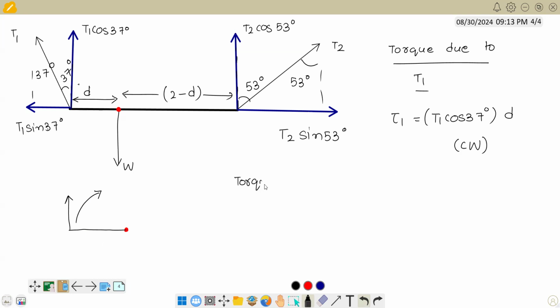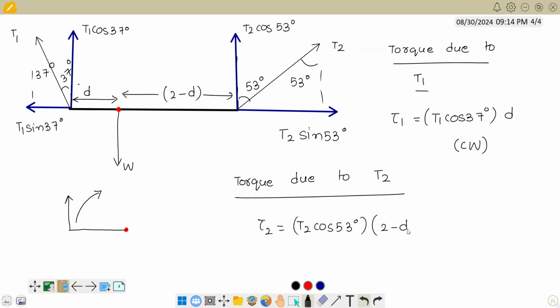Next, torque due to T2. Again, we have T2 sin 53, T2 cos 53. This T2 sin 53 is along the rod, so it won't contribute. Perpendicular to it, it would contribute. So torque 2 is T2 cos 53 degree into distance, which is 2 minus D. Now let us see how this moves it.